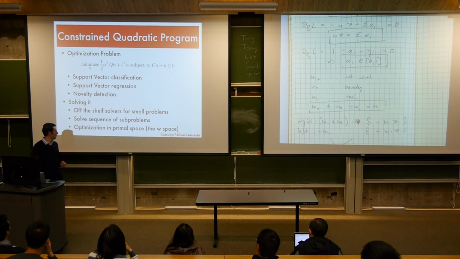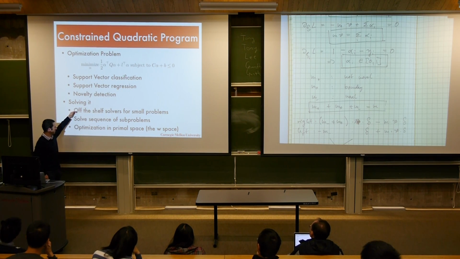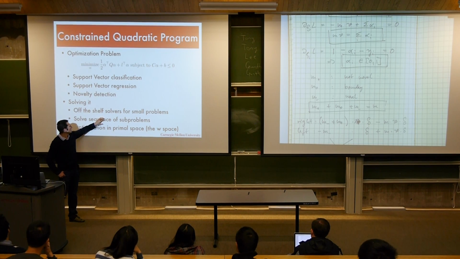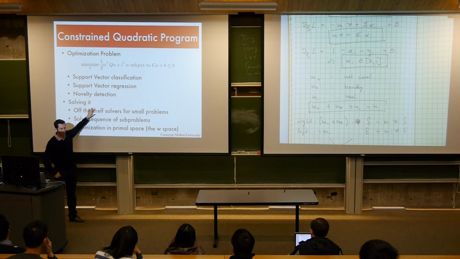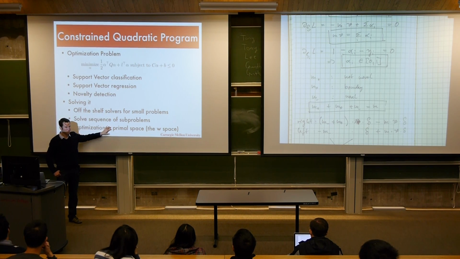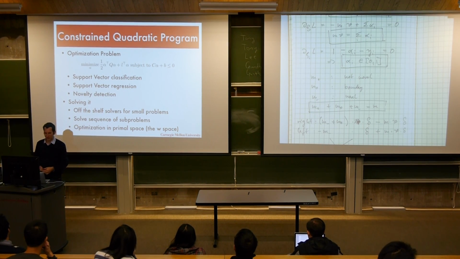And for small problems, you just use an off-the-shelf solver. But you could also solve a sequence of subproblems, and each of those subproblems is farmed out to an off-the-shelf solver. Or you optimize in primal space directly. And all of those things can actually give you something meaningful.